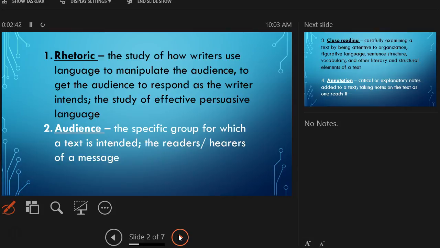Especially when we examine speeches or historical documents, you'll see that there is a very specific audience in mind. And knowing the audience is key to being an effective rhetorician. Knowing critical information about your audience, like who they are and what they value and what will persuade them, is going to be key to understanding how to become a better persuader.